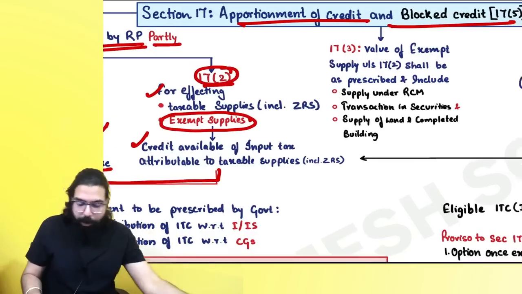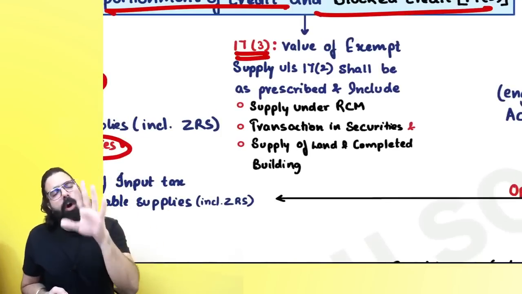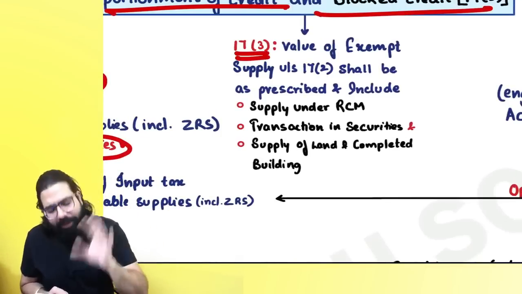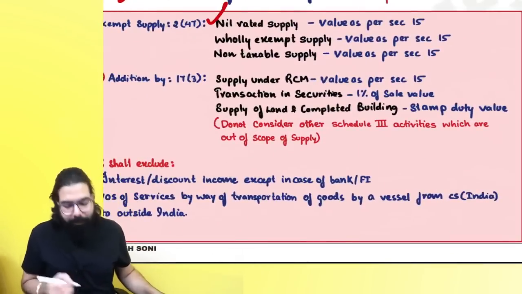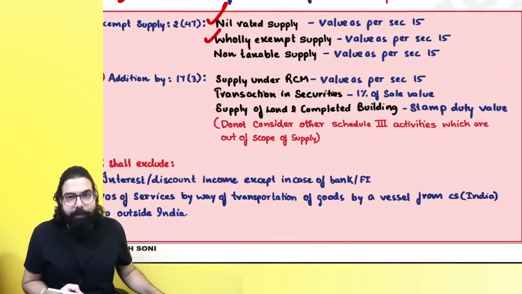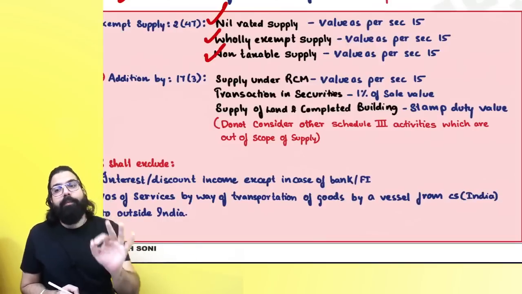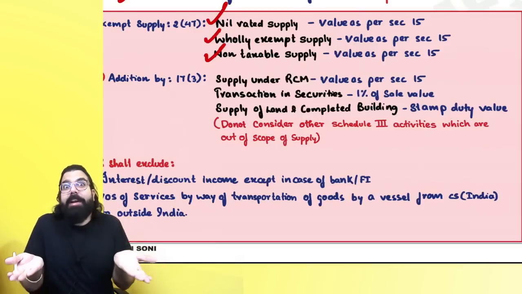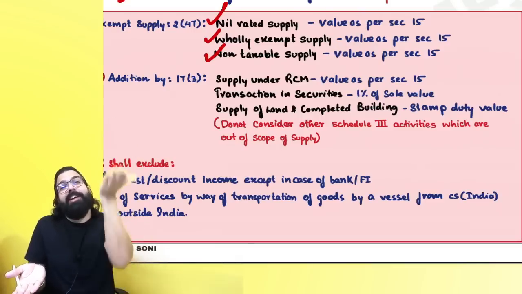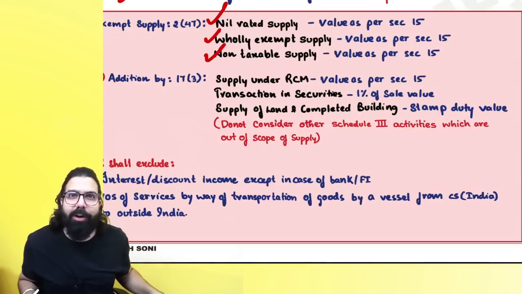Hence the government told in section number 17.3 that normally exempt supply means nil rated supply, wholly exempt supply and non-taxable supply, right everyone? But for the purpose of apportionment, the government increased the scope of exempt supply, and if it is an exempt supply you will not get the credit.